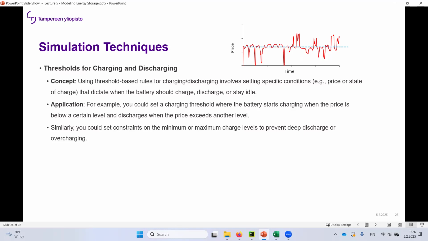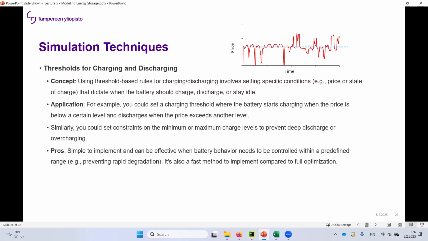And similarly, you can set constraints for maximum and minimum charge levels, to prevent deep discharge or overcharging. It's really simple to implement, and it can be effective when battery behavior needs to be controlled in a predefined range. So in that sense, that's a good way. It's also a fast method compared to full optimization.